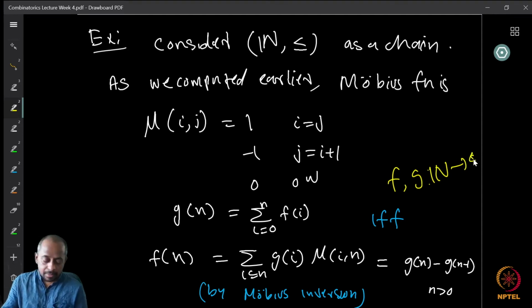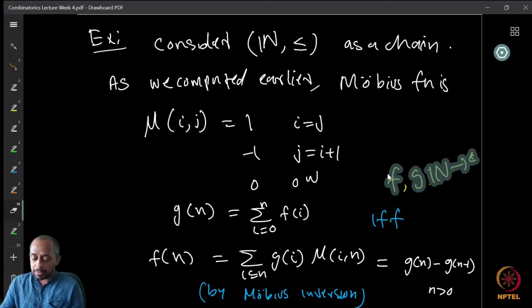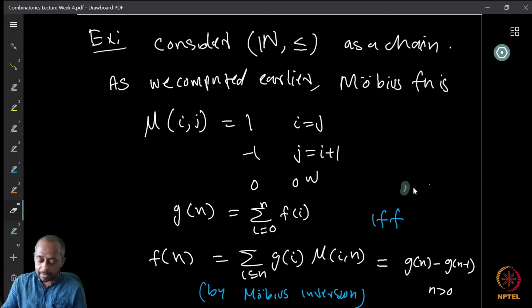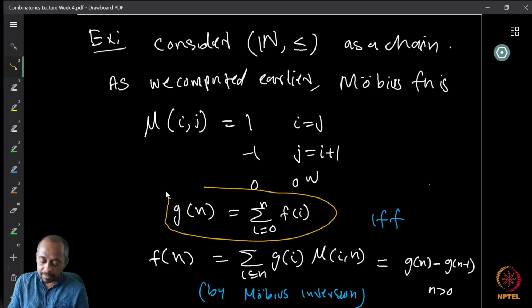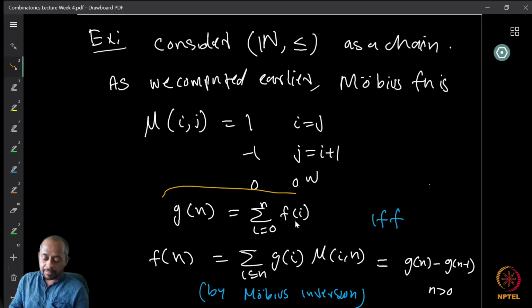So we look at two such functions. Let's say that g of n is equal to summation i equal to 0 to n of f of i. This is an example that we looked at before, but now we see it in this avatar. f is a function over the integers, and g is also a function over the integers.